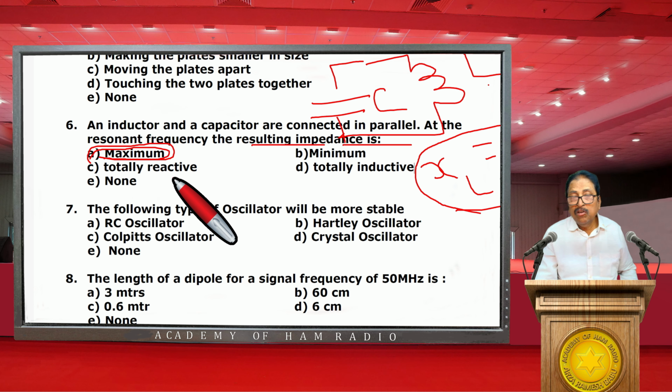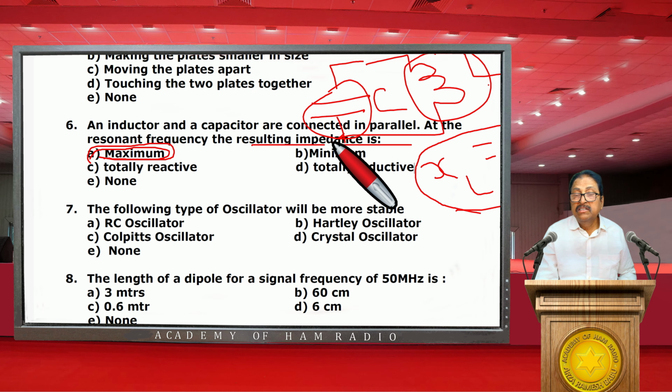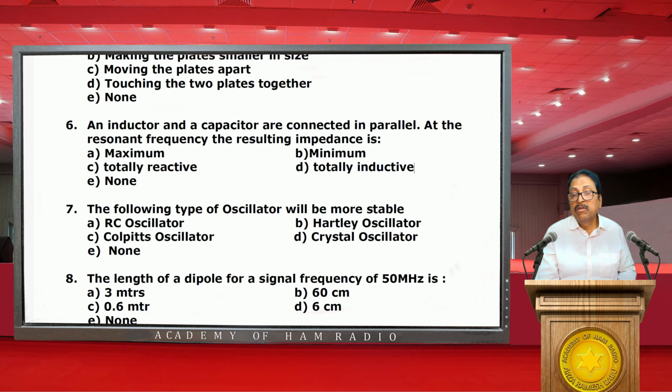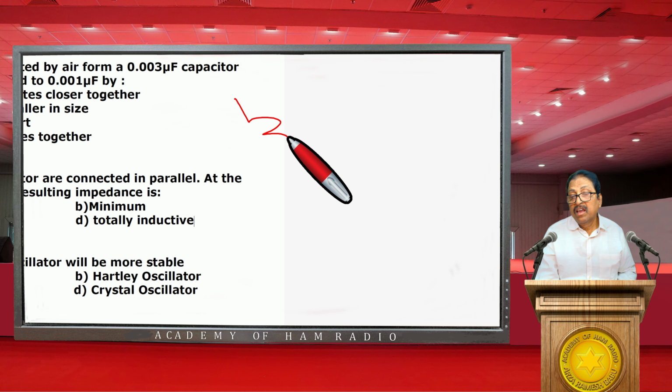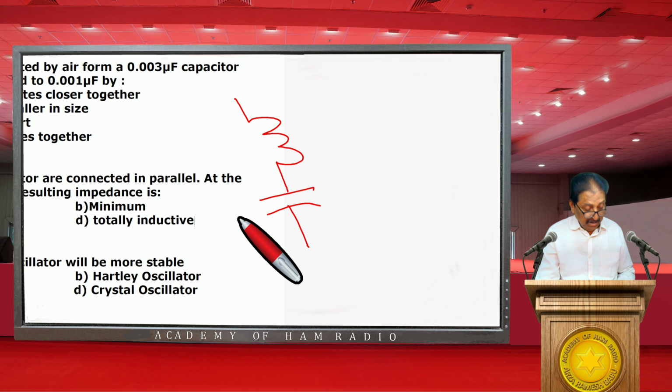This is called parallel resonance. Series resonance occurs when inductance L and capacitor C are connected in series. Impedance will be minimum in this case.